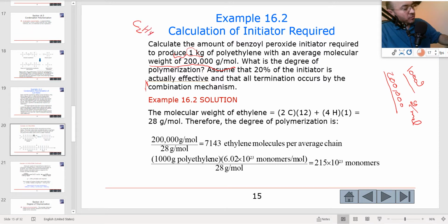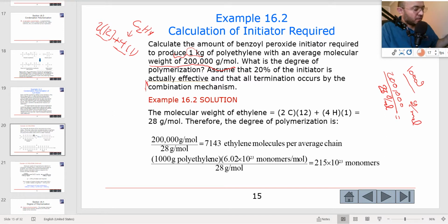So C2H4 will be C times 2 is 2 times 12 plus 4 times 1. You end up at 24 plus 4 will be 28. So 28 gram per mole of this. Now if you calculate, this is going to give me how many ethylene I have in one chain of polyethylene. Now if you do that calculation, you end up at the number 7,140. So 7,000 molecules of ethylene would create a polyethylene.